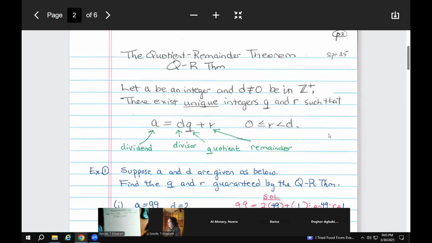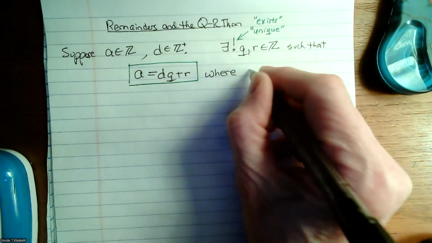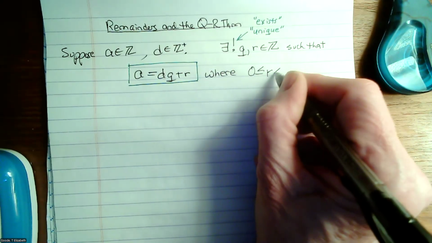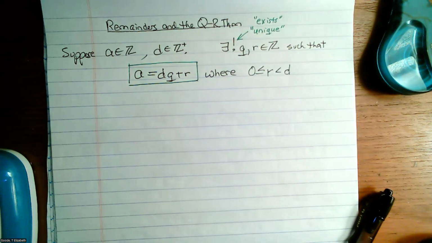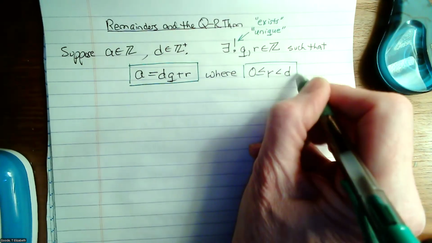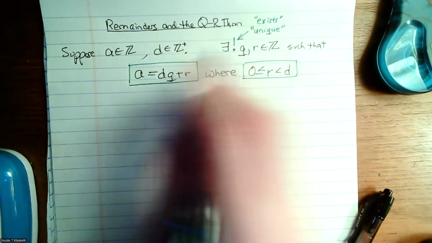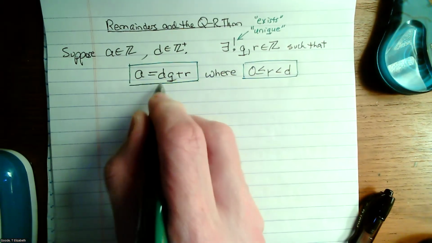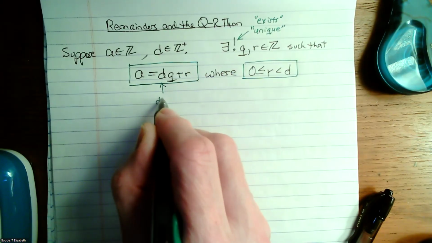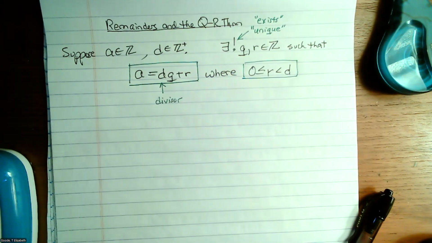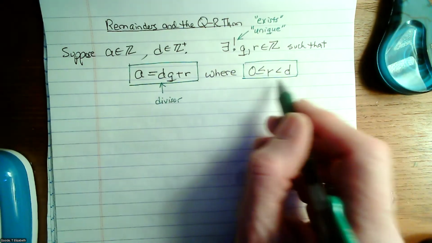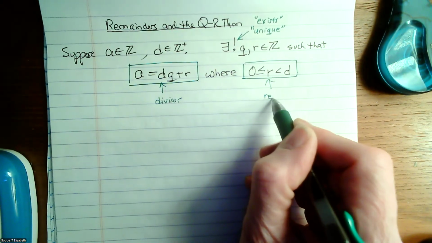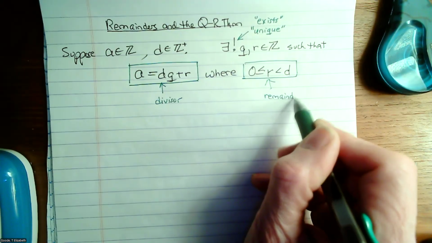So let's talk about this inequality where 0 is less than or equal to R is less than D. This is really important. It says when we divide A by D, D is the divisor, we will get a remainder that isn't too big and it can never be negative.